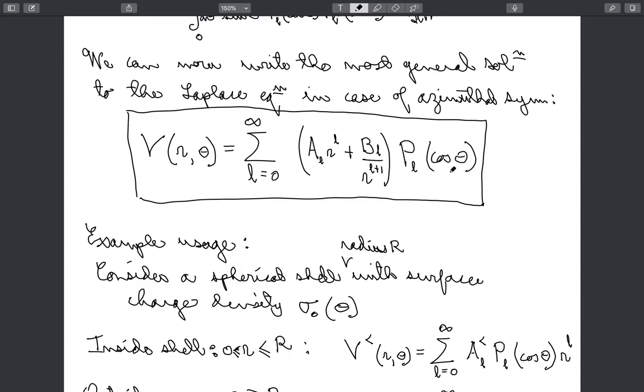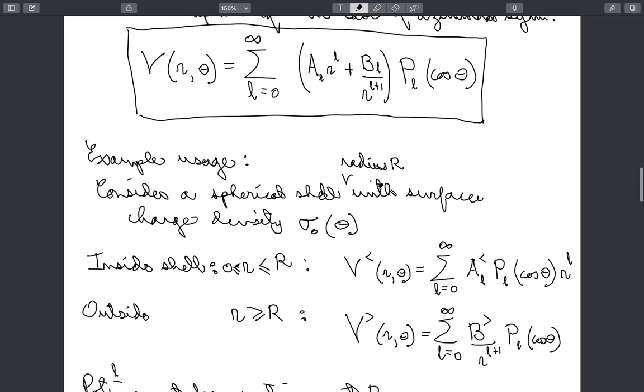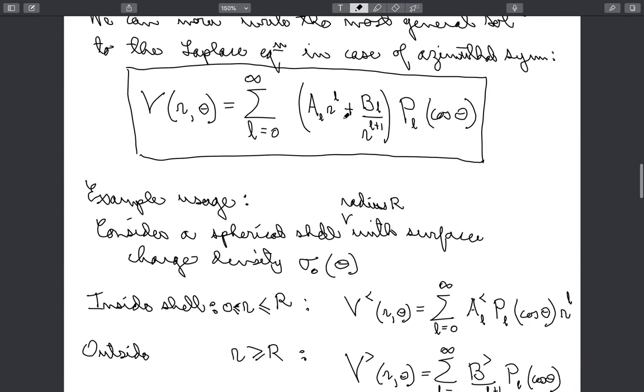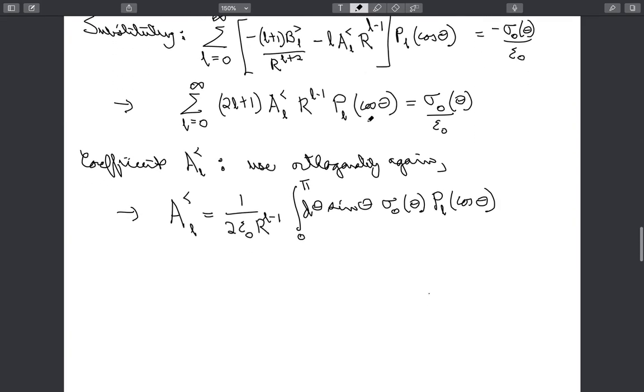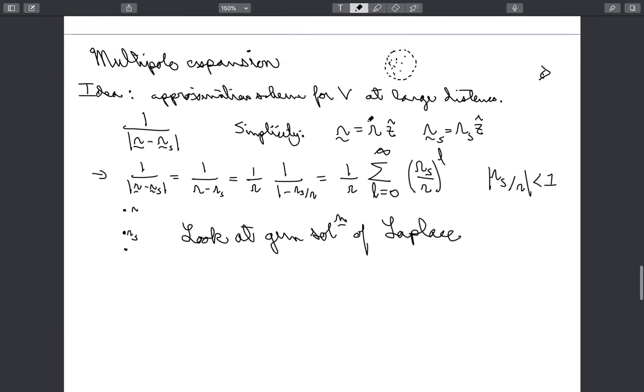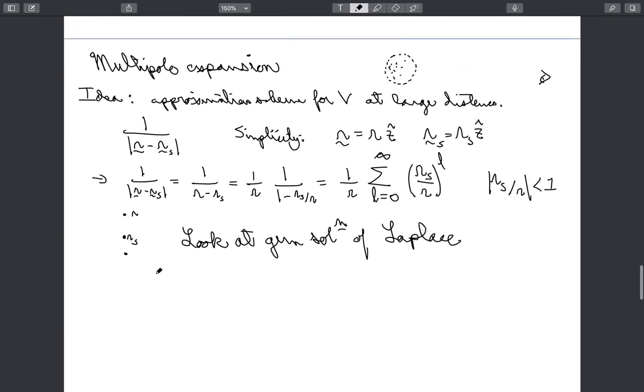So cosine theta is 1, and we know that the Legendre polynomials evaluated at 1 are equal to 1. So essentially, you see, I have these coefficients here that I'm trying to match. And directly by matching this formula here with what we just wrote down, we can identify the BL coefficient as being just rs to the power L.